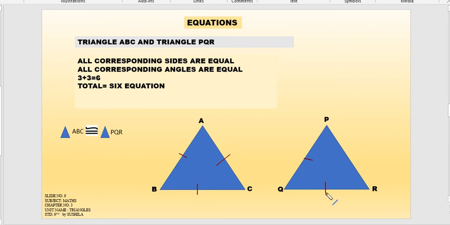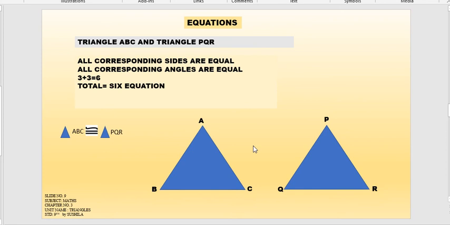Here all the sides, and this is one angle, second angle, third angle. Here also angle A is equal to angle P, angle B is equal to angle Q, angle C is equal to angle R. Totally how much? It will be 6 in number, 3 sides and 3 angles, right?